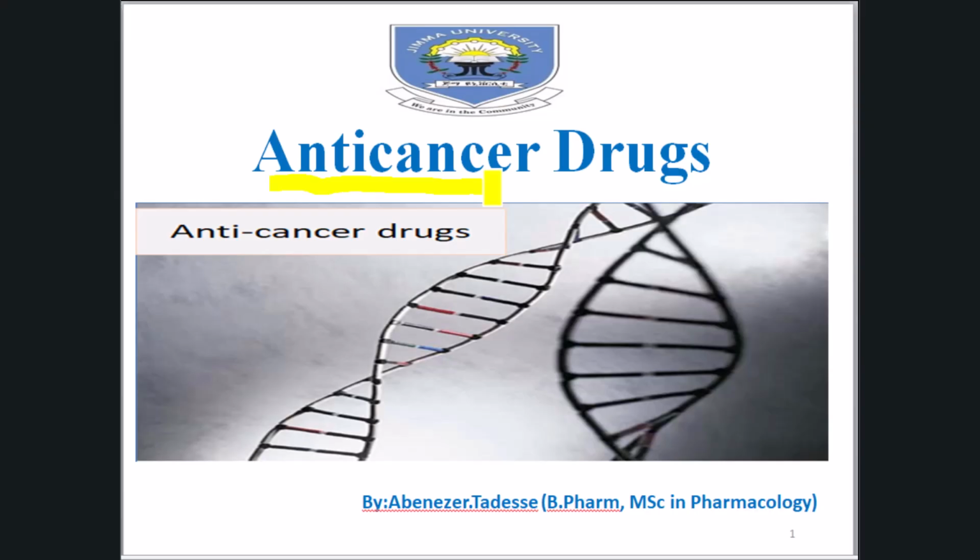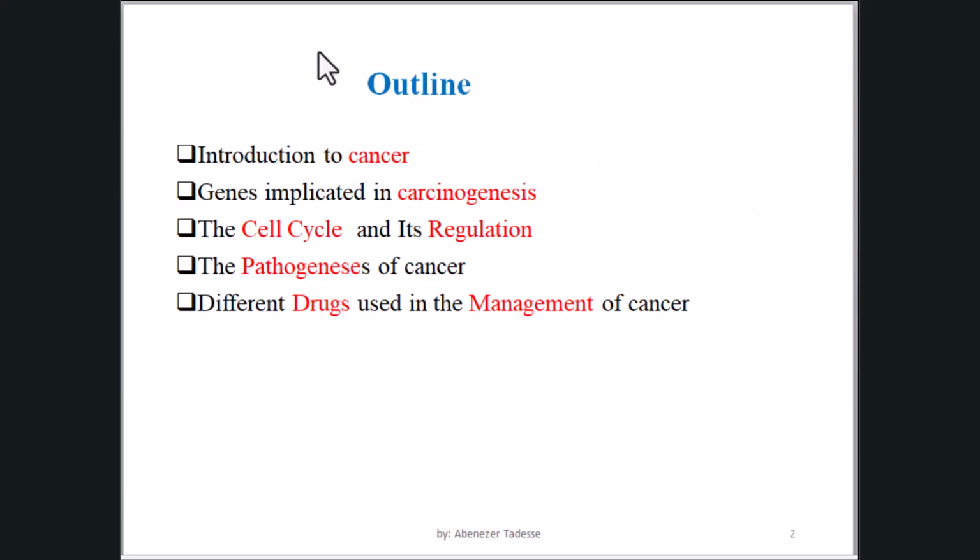As you see here in this outline, we will see a brief introductory part about cancer and the various genes involved in the development of carcinogenesis and the cell cycle, the transition from one phase to the other, as well as major mediators that regulate the cell cycle.